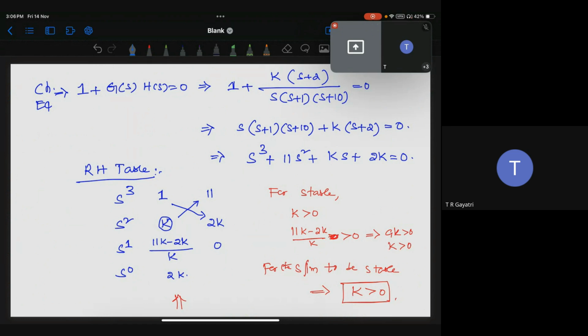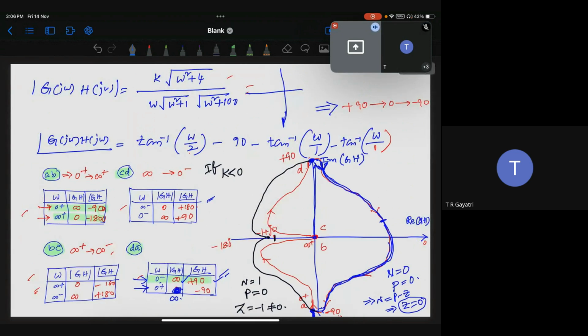That means this red curve should be the Nyquist. If you take k less than 0, this red curve will become this black curve, in such a way that it will encircle. If you encircle it, your n is no more 0, it is equal to 1. If it is equal to 1, still p is 0, then z is not equal to 0. In that case, the system becomes unstable.